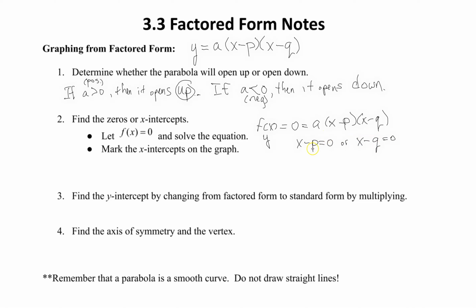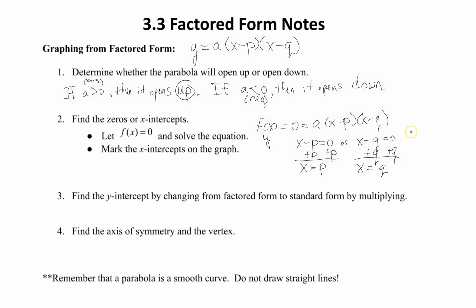And then we solve those equations for x. Here I would add p to both sides, and that gives me x equals p. Or here I'd add q to both sides, and that would give me x is equal to q.